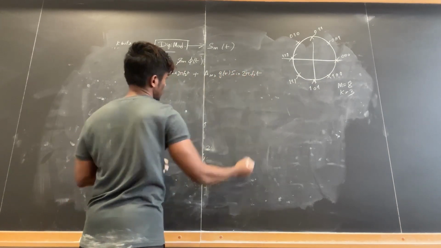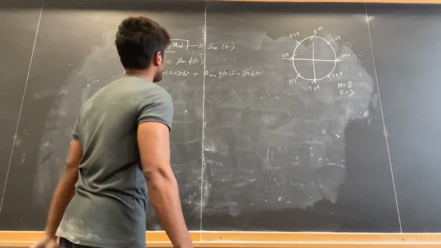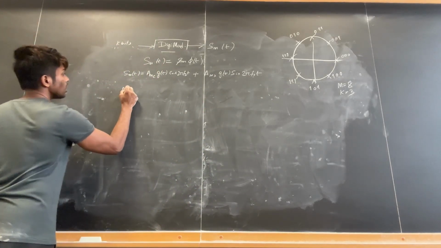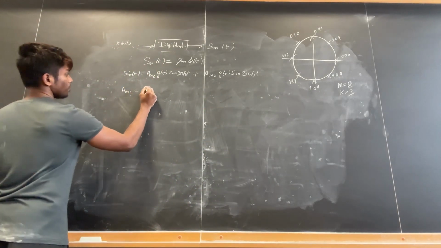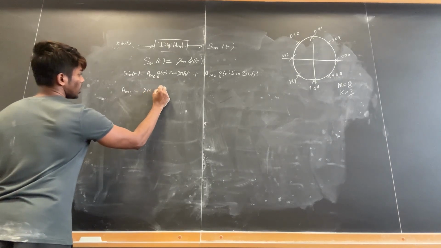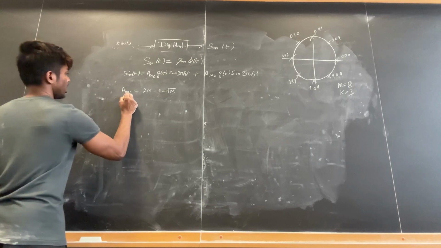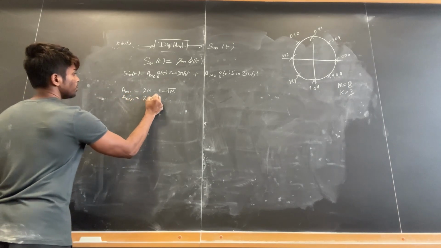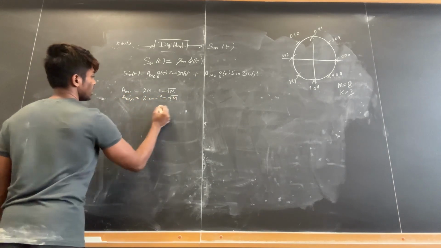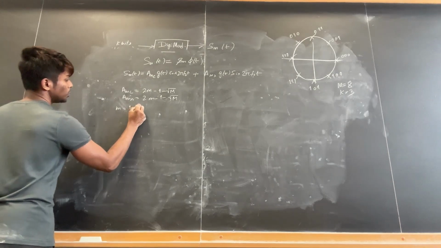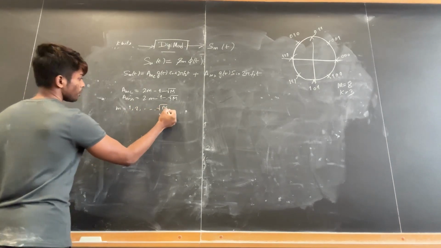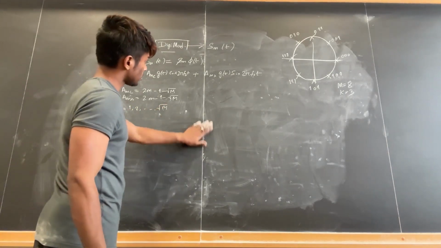So this is a combination of a cosine part and a sine part. Then Amc shall vary as 2m minus 1 minus square root of m, and Ams also varies as 2m minus 1 minus square root of m, and m varies as 1, 2 up to square root of m. Something like this.